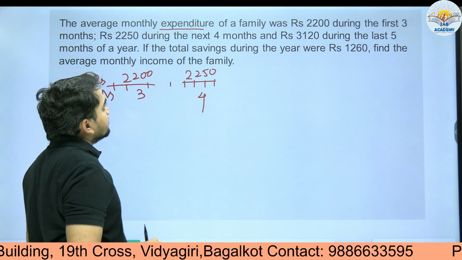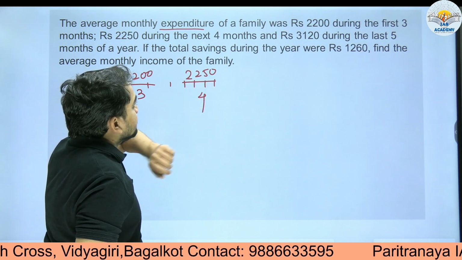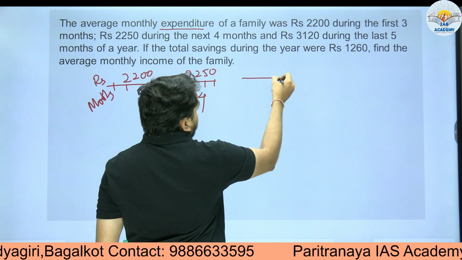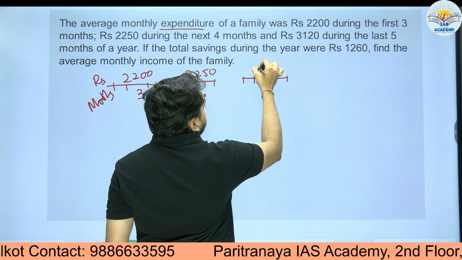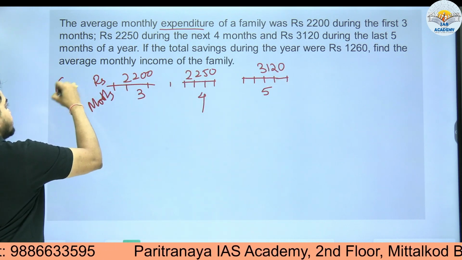There are 4 months in which they have spent 2250 each month, and rupees 3120 for the last 5 months. 5 months are there at 3120. This is the expenditure.